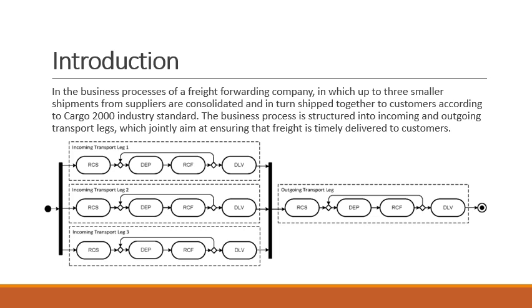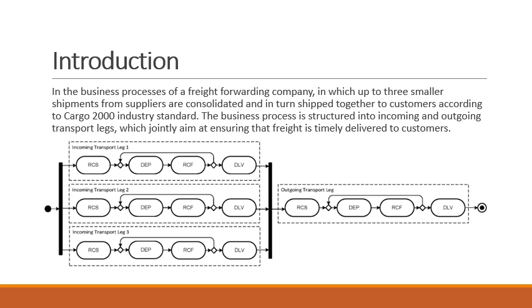The business process shown below is a structure of the whole process of delivering goods timely to the customers. Each of the transport legs, including incoming transport leg and outgoing transport leg, involves the following physical transport services.